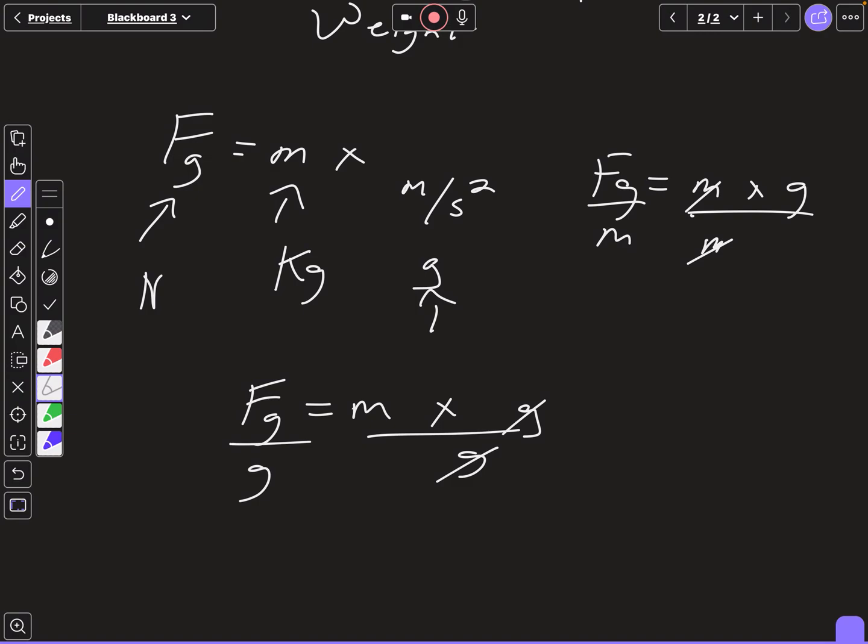So g, acceleration due to gravity, would be equal to the force of gravity divided by mass. But you plug your numbers in, use algebra to solve those. Just remember for tomorrow's quiz, you need to memorize this equation, Fg equals m times g, and you need to memorize that g on Earth is 9.8 meters per second squared.